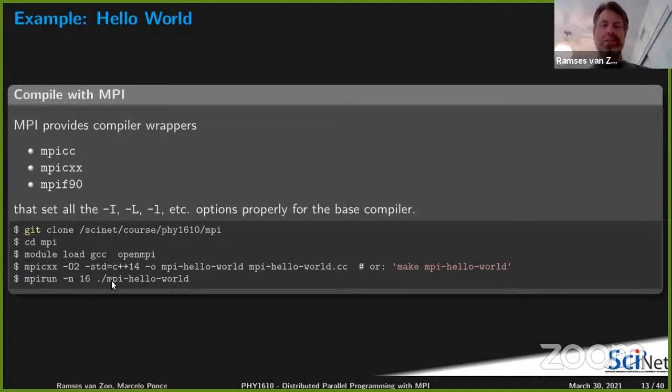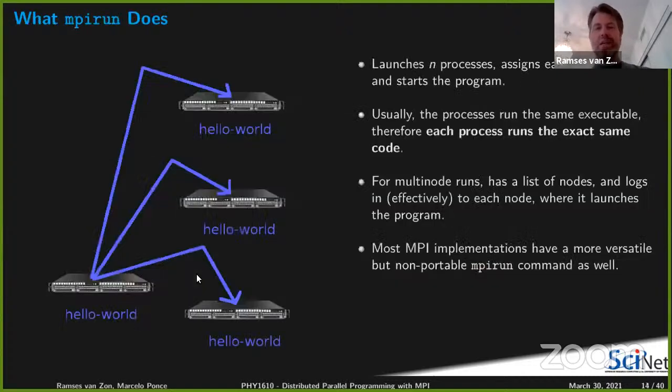So you prepend this, and then what happens is that mpirun starts launching N processes, and depending on settings of the scheduler and host files and other things, these might run on the same node or on different nodes.